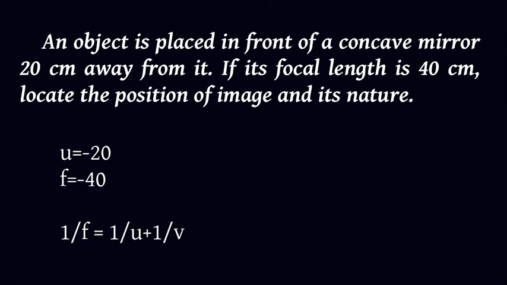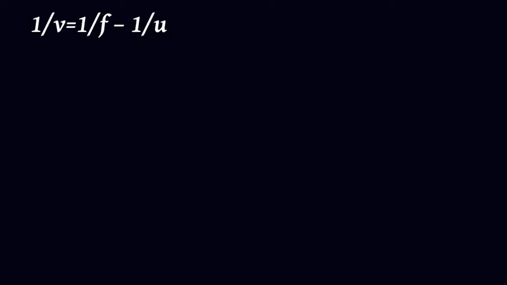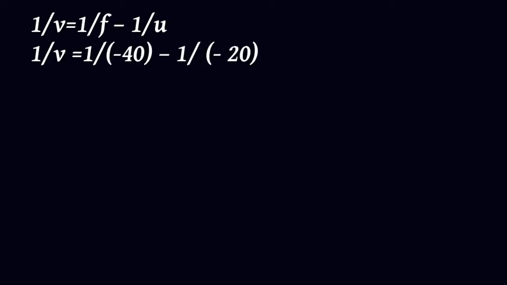1 by f is equal to 1 by u plus 1 by v, that is mirror equation. And converting, 1 by v is equal to 1 by f minus 1 by u. That is 1 by v is equal to, substitute the value of f and u, that is minus 40 and minus 20. 1 by minus 40 minus 1 by minus 20.